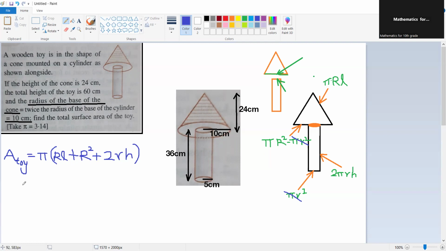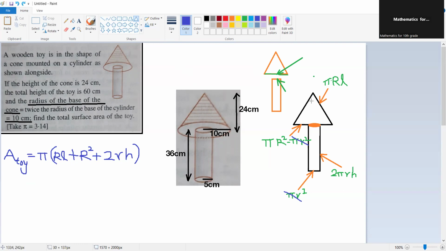So they say we need to take pi as 3.14. Before that, what is L?